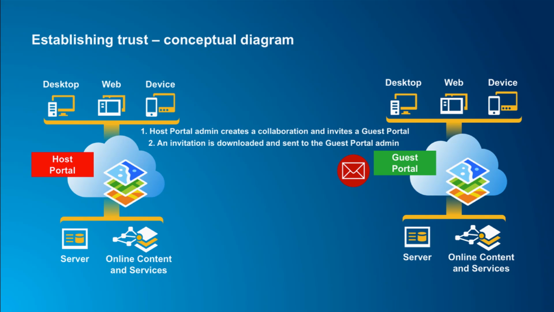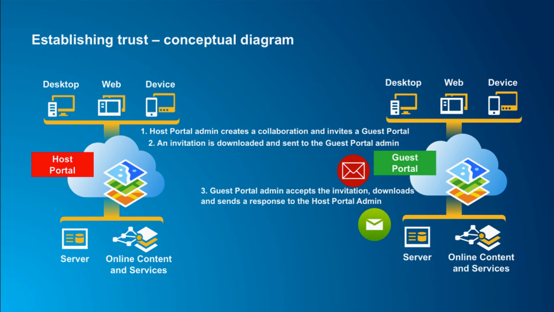So the IT administrator of the guest organization logs into their portal and accepts the invitation to join and become a part of the collaboration. The response, as a part of the acknowledgement, must be sent back to the IT administrator of the originating portal, or the collaboration host.